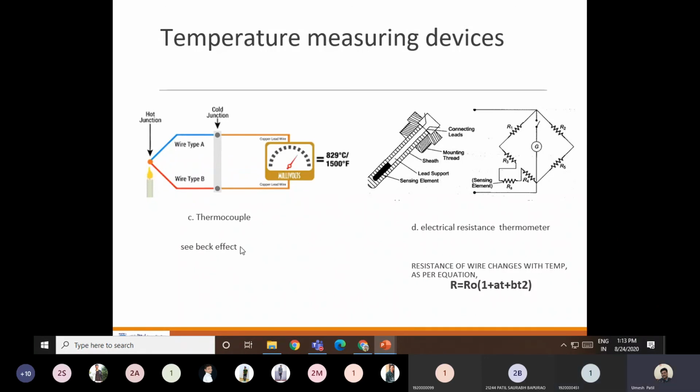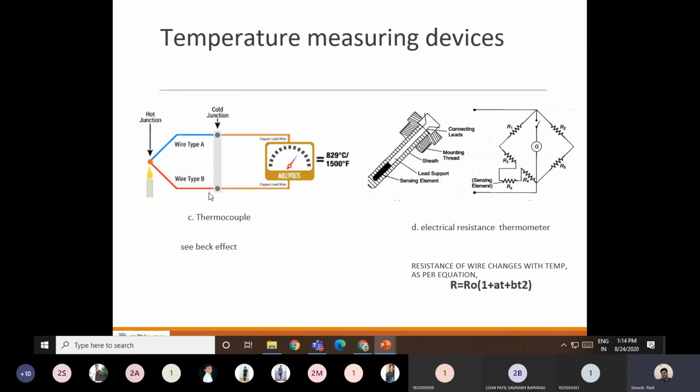Absolutely correct. It is related to the temperature difference, and whenever there is a temperature difference, a thermal EMF will be generated inside a circuit, and that is the Seebeck effect. When two dissimilar metals are connected through two junctions, one hot junction and another cold junction, electrons will flow from the hot junction to the cold junction, and due to this EMF will be generated, and that generated EMF is called the thermal EMF, and the current is the thermal current.